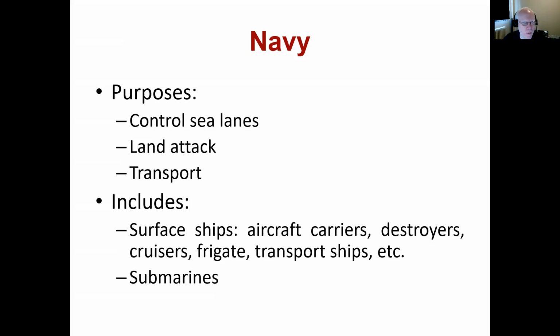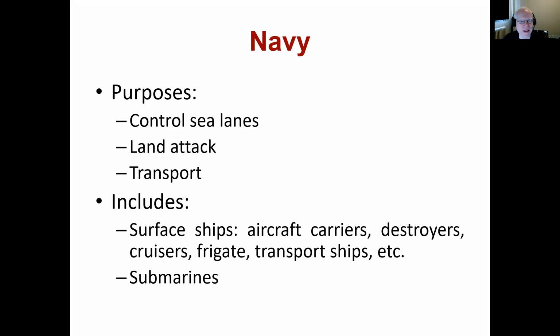So one of the primary purposes still for navies around the world is to control sea lanes, make sure that we have open sea lanes for commerce to be able to take place safely. Land attack: certain naval ships are built with weapon systems where they can fire on land targets, particularly ones that are closer to the sea or closer to the water.